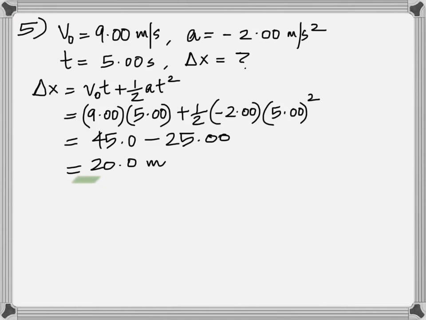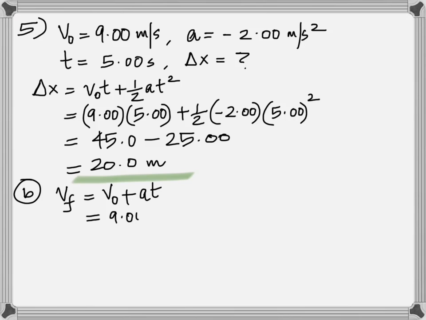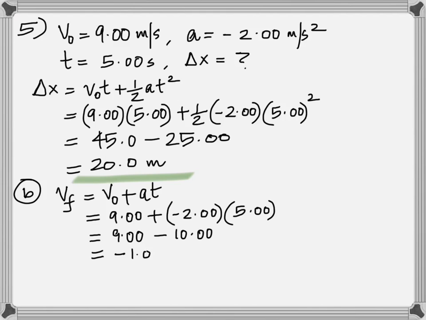Okay, 20 meters. So B part, you've got to find her final velocity using this equation. Initial is 9. Remember, a is negative. Time is 5 seconds. You get 9 minus 10, which is negative 1, which is a negative velocity.